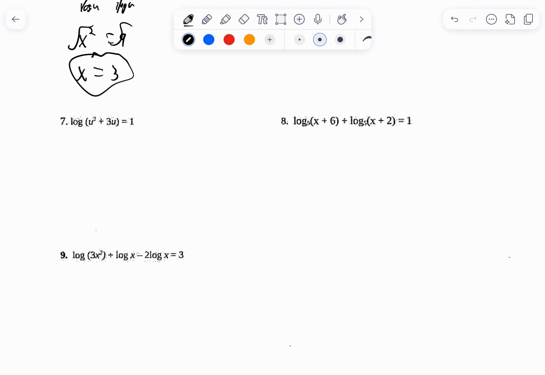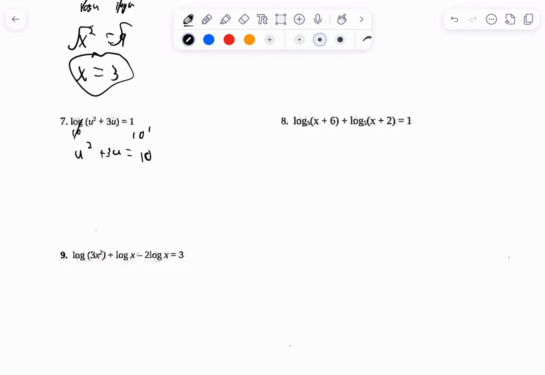Okay, log of u squared plus 3u equals 1. Okay, so we have u squared plus 3u, since we're getting rid of the 10 over here, and 10 to the power of 1 over here, which will be 10. By the way, U2 is a great band.